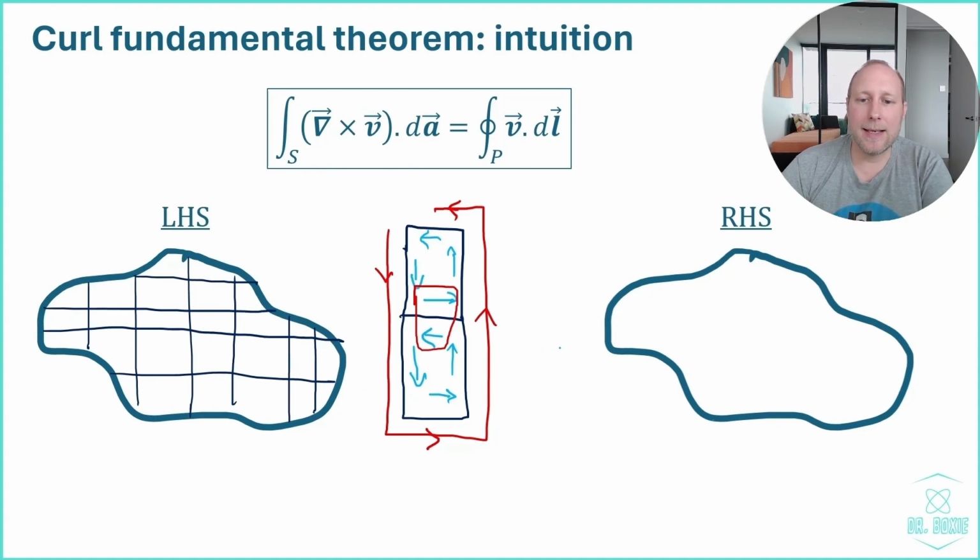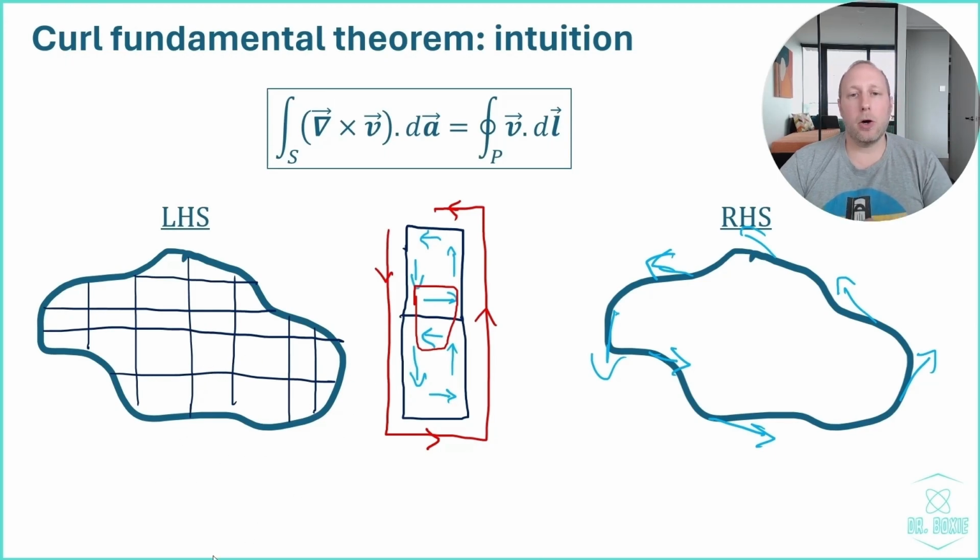The right-hand side says, look at V and add the amount of V there is that moves with our motion along that line. So that is exactly the line integral of V. And so in that sense, we can think of the theorem as telling us that the curl of V is indeed related to the amount of rotation there is in the field.